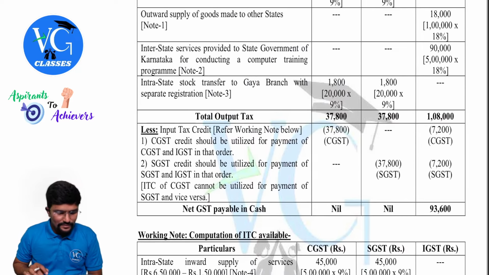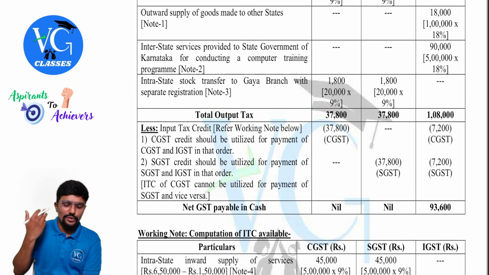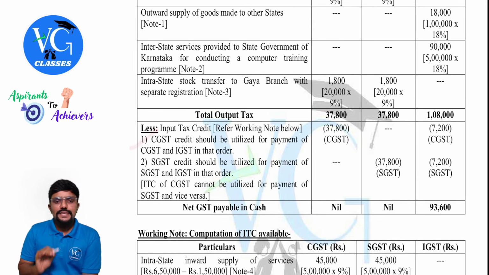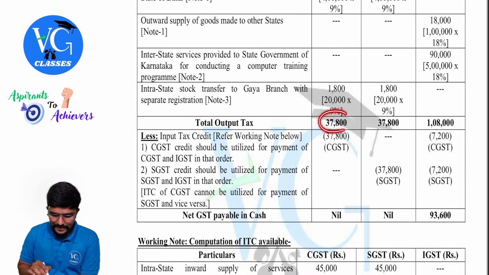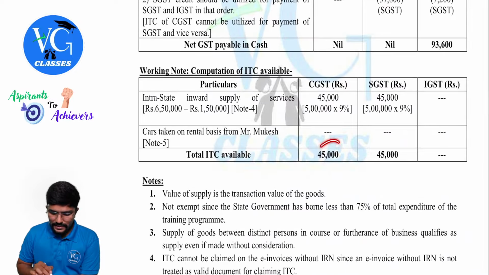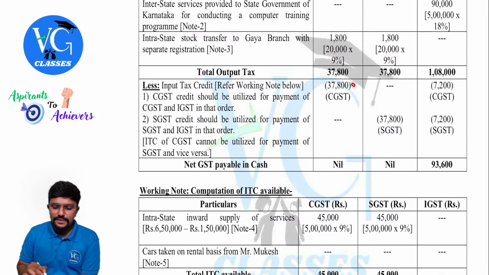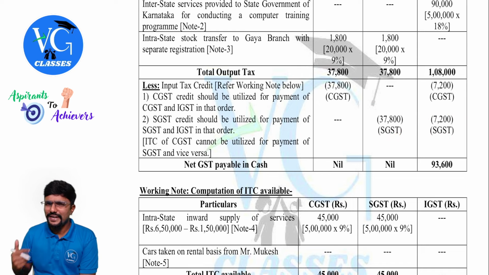So straight away, as there is no IGST credit, you can go to the next step. CGST credit should be utilized for payment of CGST. How much is the CGST liability? 37,800. So up to 37,800 we will use it. The remaining we use against IGST. In the same way, SGST credit is first used against SGST liability. The remaining is used against IGST. Guys, whatever is mentioned in the bracket, should I mandatorily mention it?